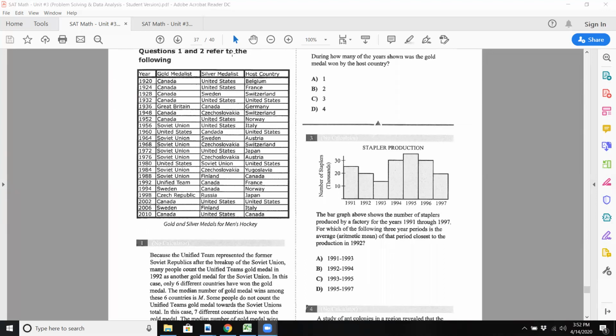If you do think of the Unified Team as the Soviet Union, because they won a lot of medals, then if you count it, Soviet Union won 8 medals.